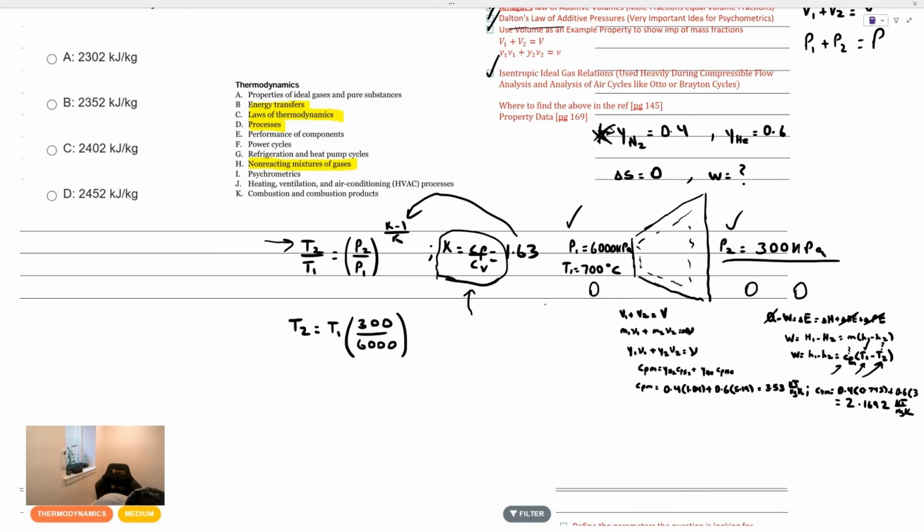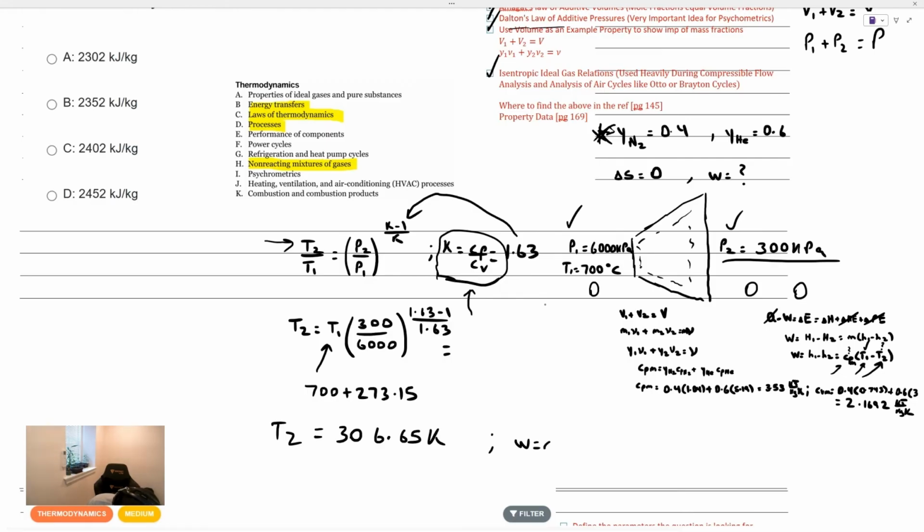That's a 1/20th ratio raised to the 1.63 minus 1 over 1.63, and I plug in my T1 as 700 degrees C plus 273.15. Note that the temperature must be in Kelvin here. What you get for T2 is 306.65 Kelvin.